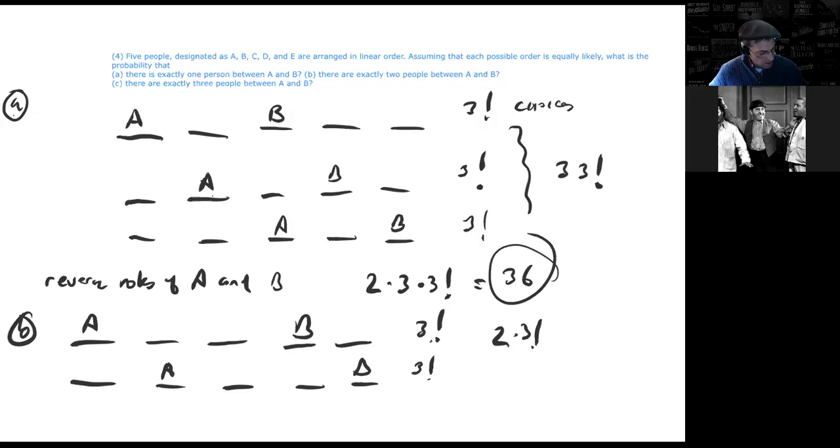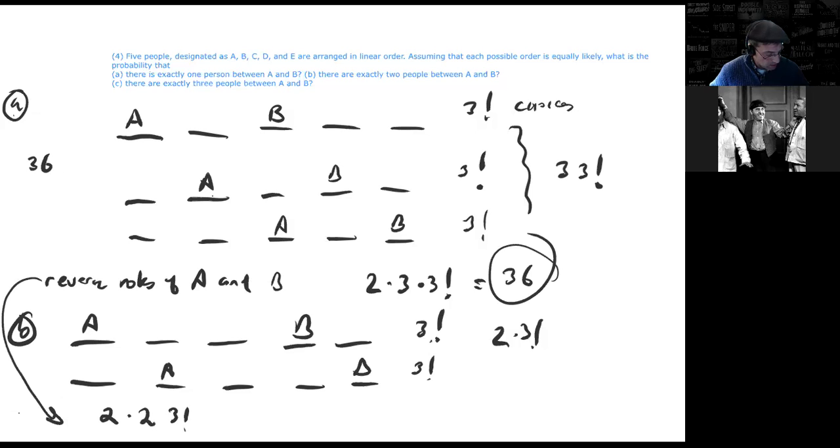But now we also can reverse the roles of A and B as before, and that would double the number, so it'd be 2 times 2 times 3 factorial. And I realize that there's a probability question, and in order to finally solve part A and part B, let's see, in part A, I got the number of possibilities, and I said it was 36.